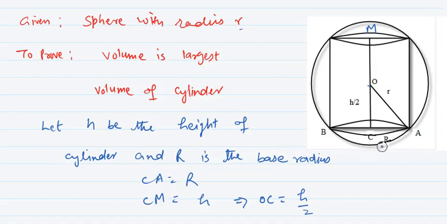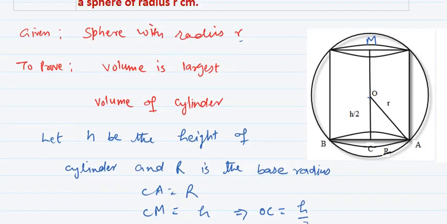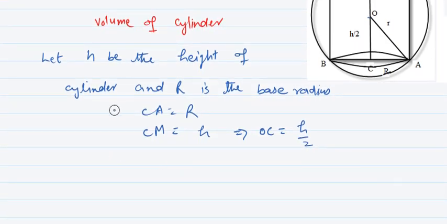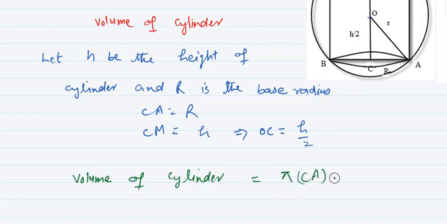Okay. So what we need to prove is that the volume is maximum. So what should we do? The function will be formed from the volume of the cylinder. So we'll take the volume of the cylinder. You remember it is pi r square h. Here r is CA into h.